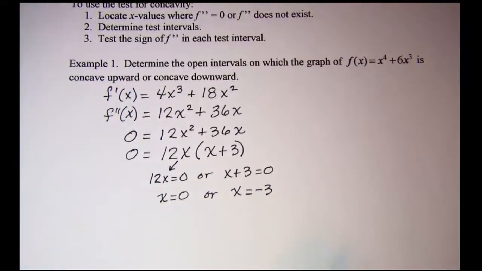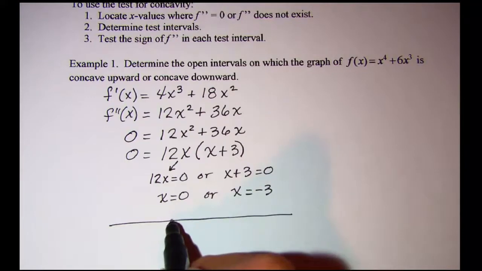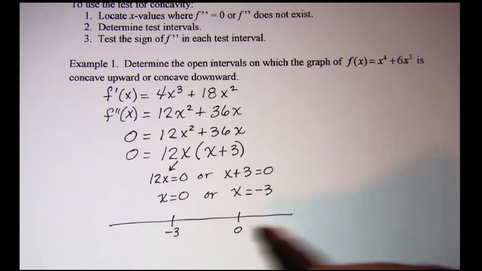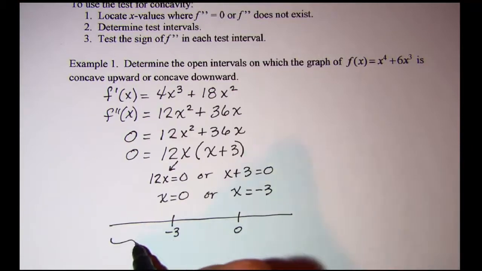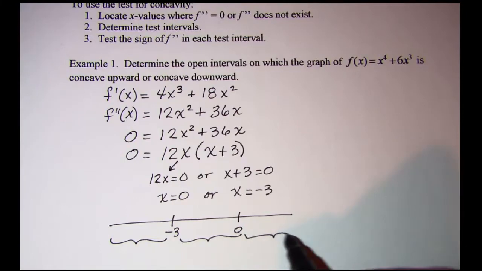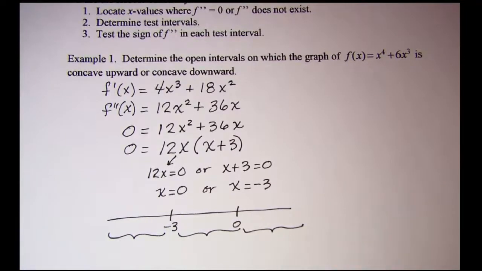So our intervals, let's mark this as negative 3 and 0. So we have an interval here, an interval here, and an interval here. We can pick any test value as long as it's in that interval.